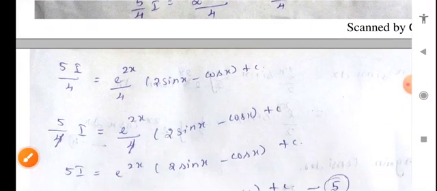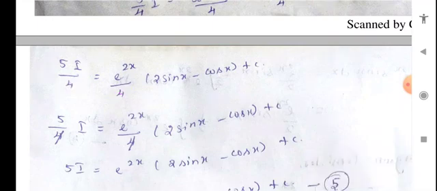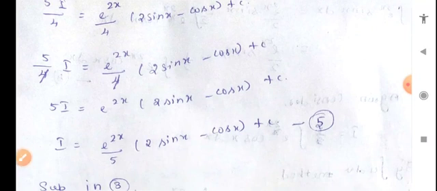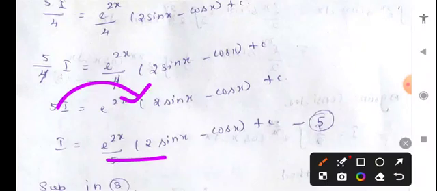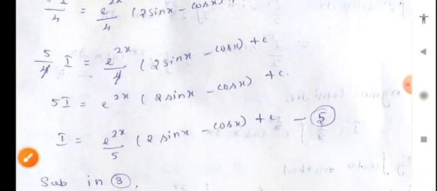This 4 and this 4 get cancelled, so 5I is remaining. We only need to find the value of I, so we send this 5 to the other side, where it becomes divide. So I equals e power 2x divided by 5 into 2 sin x minus cos x plus c.